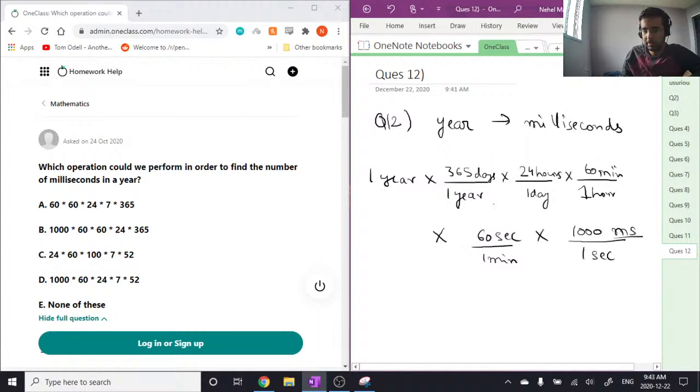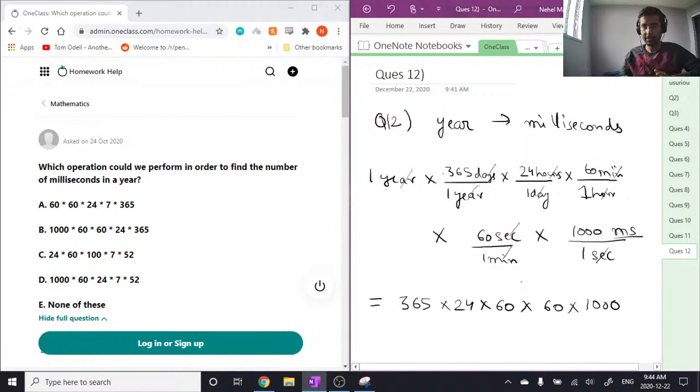Okay, so the advantage of doing it this way is you can clearly see the units cancel out. So year goes with year, day with day, hour with hour, minute with minute, and then second with second. And in the end, all you're left with is milliseconds. Therefore, your final answer should be 365 times 24 times 60 times 60 times 1000.